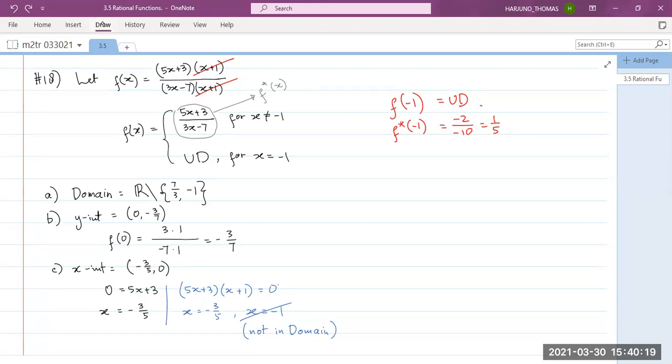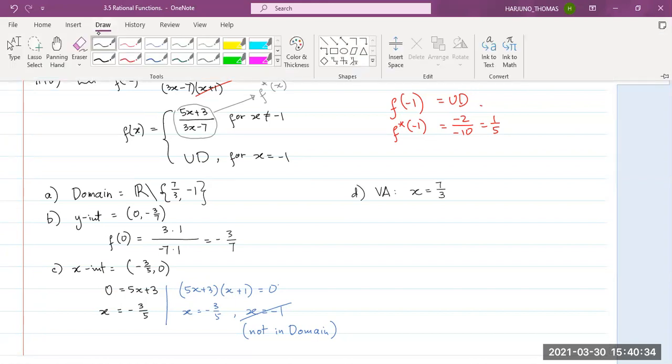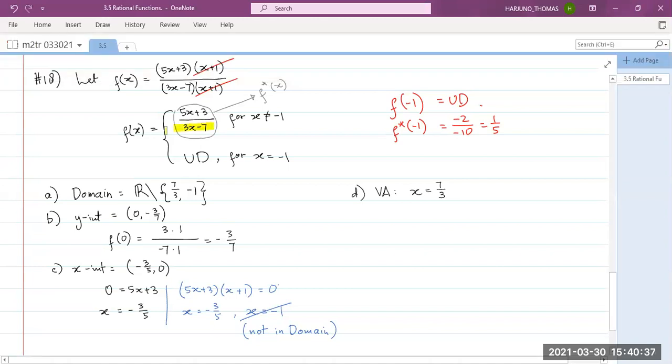Okay, now part D. How about the vertical asymptote? The vertical asymptote is x equals 7/3. That's the zero of the denominator of the simplified version.